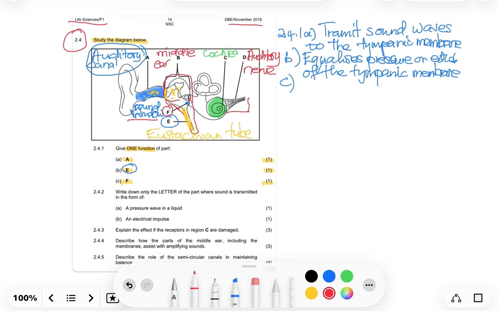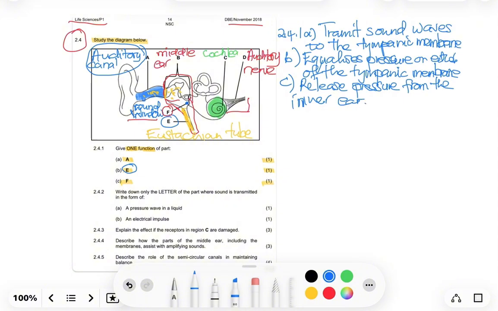So here we're going to say that it releases pressure from the inner ear.